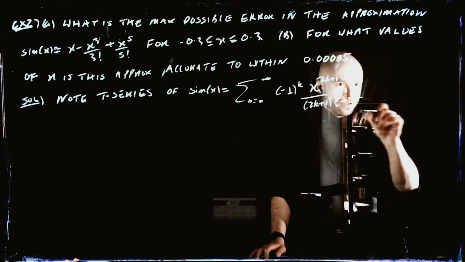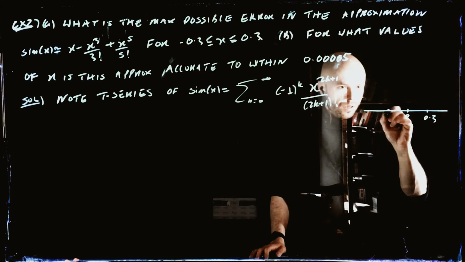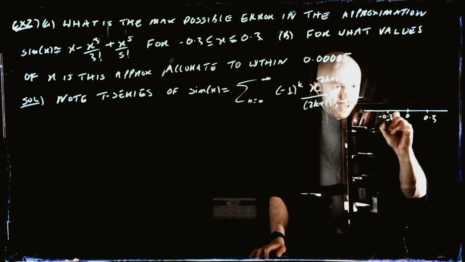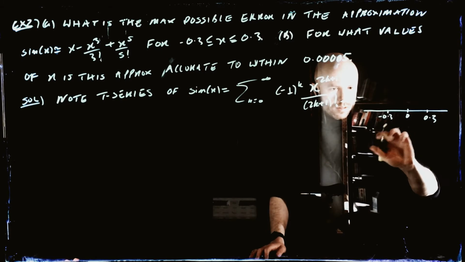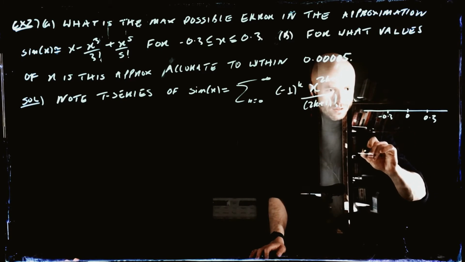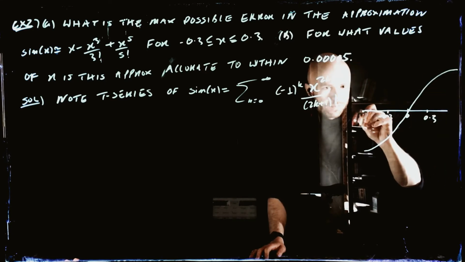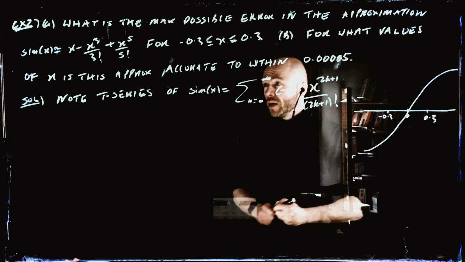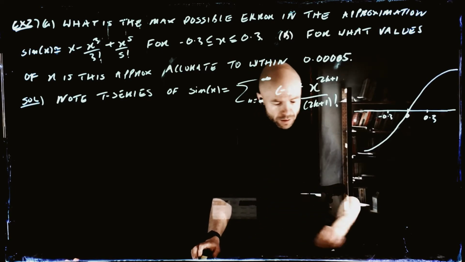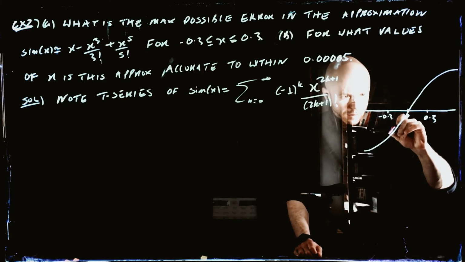Let's draw a little picture. So this is 0, this is 0.3, this is minus 0.3, and we have a sine function. So sine function, so it looks like this. And we have the 5th order Taylor polynomial, which is some function like this.